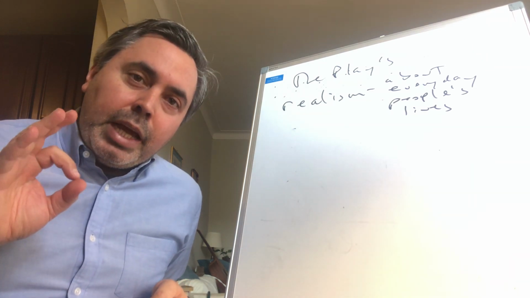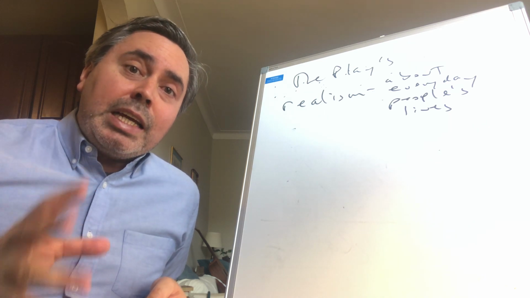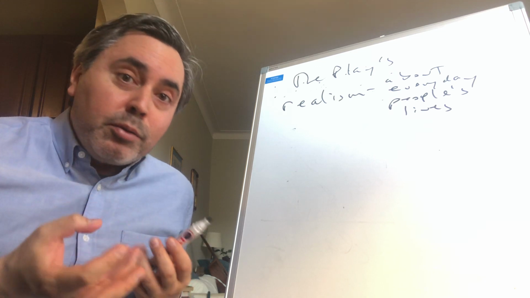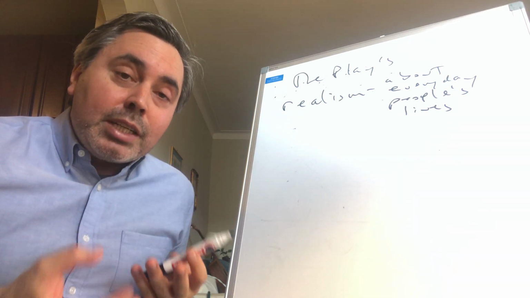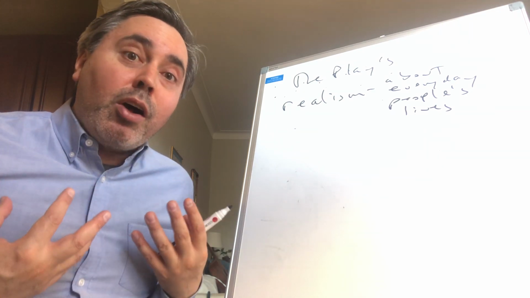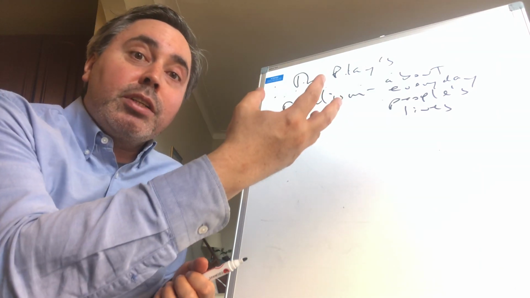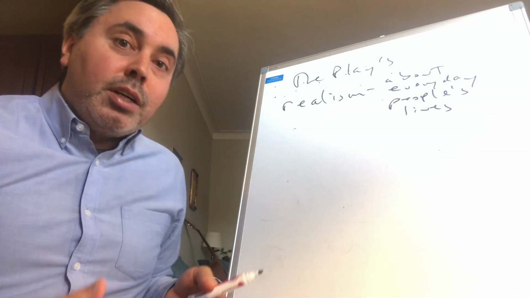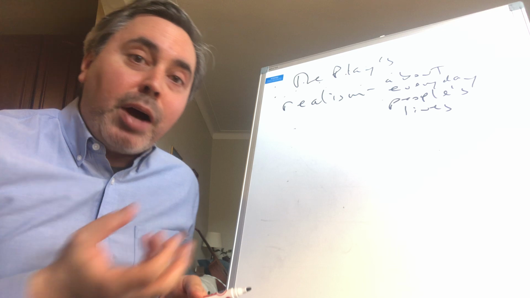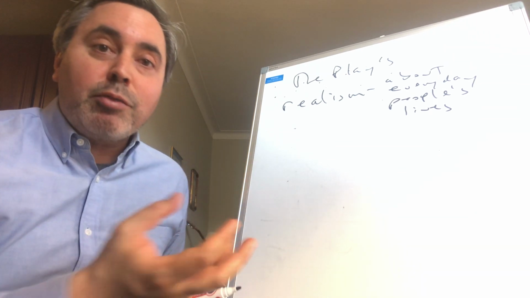And the answer for Ibsen is to be honest, be truthful, show the daily worries that they have, the little dramas that we all have, and by putting them on the stage, you bring people in because they're like, that's me, that's my affairs, that's what I'm going through.